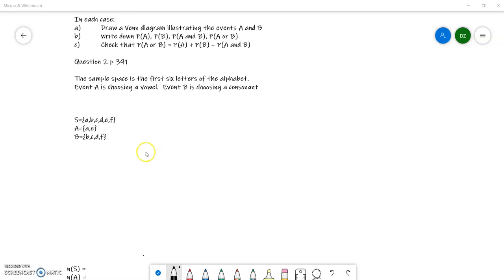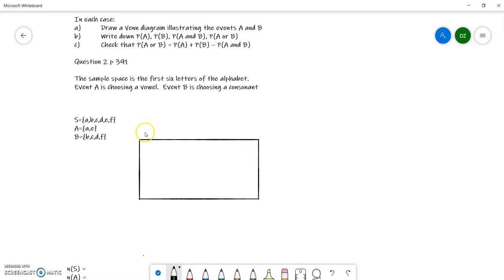I am drawing with a mouse, so please excuse if it's not as tidy as it could be. So I'm first going to draw a big block representing my sample space, and my sample space in some form or another should include all the letters from A to F. So it should include all 6 elements.